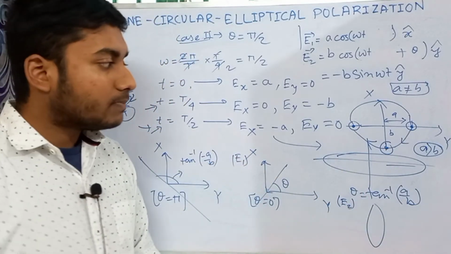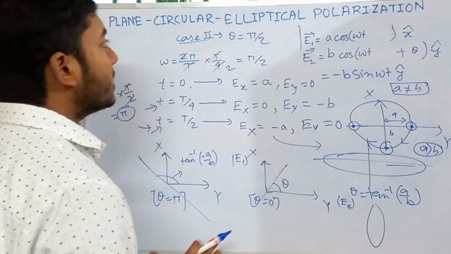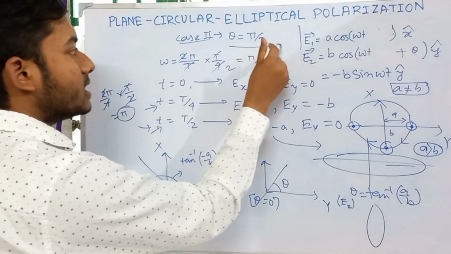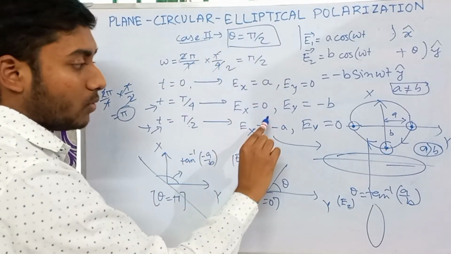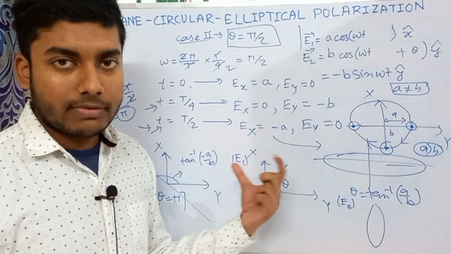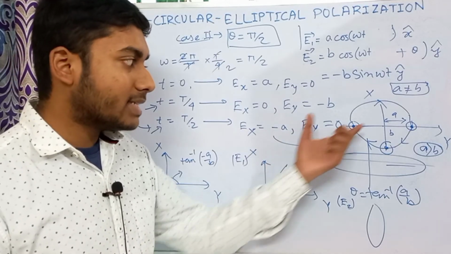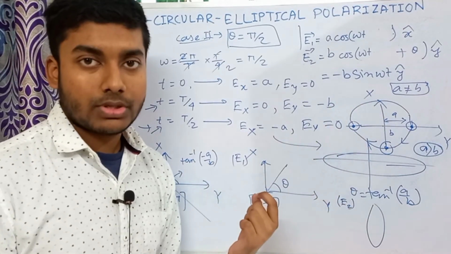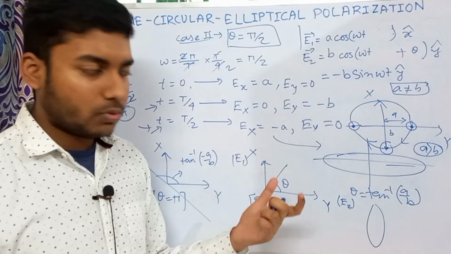Okay. Now, you can understand that when theta is equal to pi by 4, theta is equal to pi by 2, then the trajectory of the tip of the resultant electric field vector is becoming an ellipse, or a special case of ellipse, that is circular.